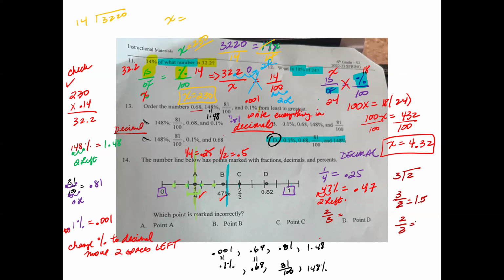What would that be? Yeah, so 0.67. So is that around 0.67?